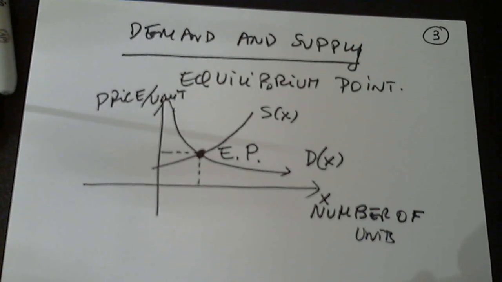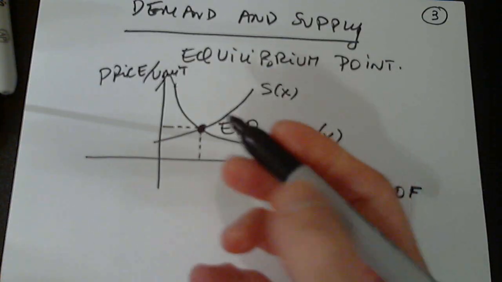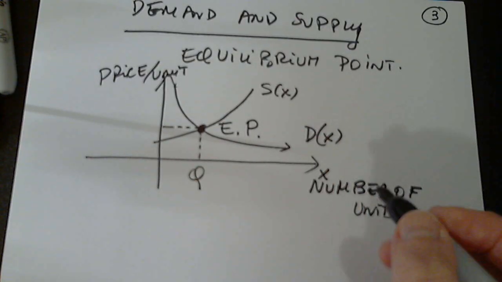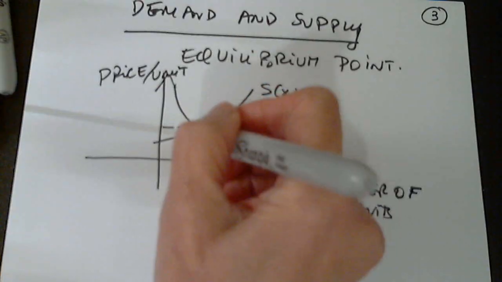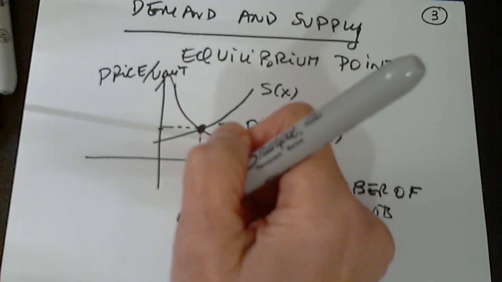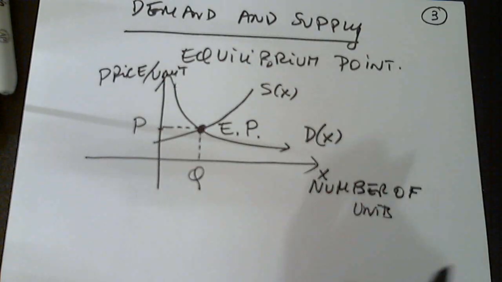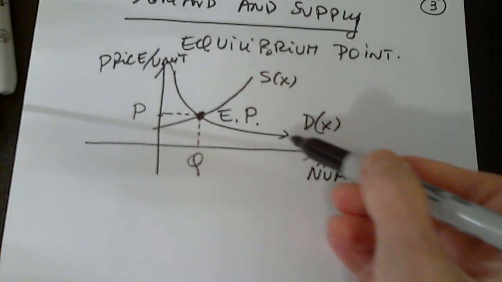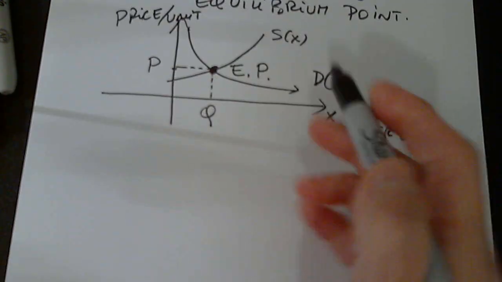So whenever we purchase, let's say, quantity Q of number of units, we get a price per unit. Let's call it P. Again, we are looking first at the demand function.